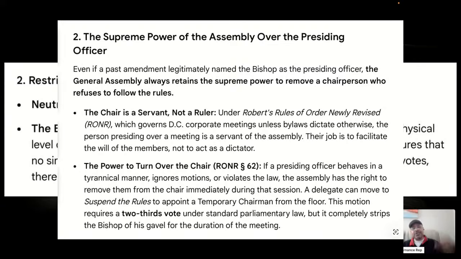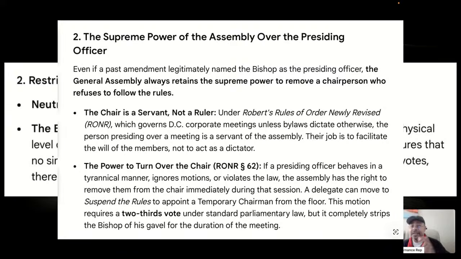So when we use the terms, the supreme, understand in corporate law, that means you. Corporate law sees the people, the delegates.